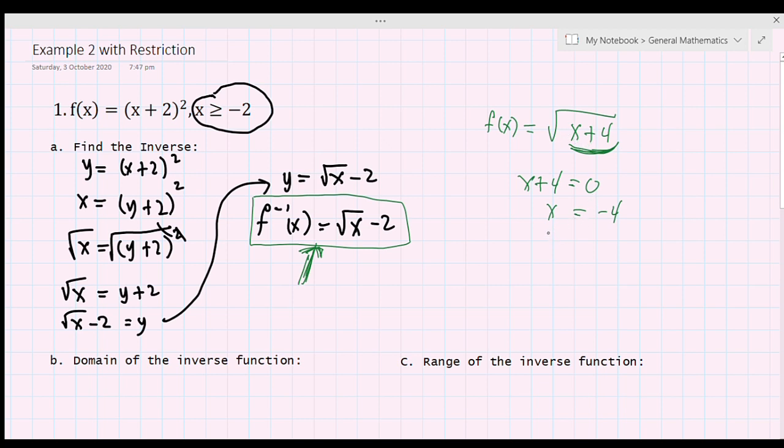So, meaning to say, our values of x inside this radical must be greater than or equal to negative 4.